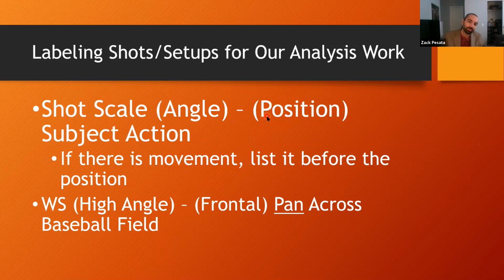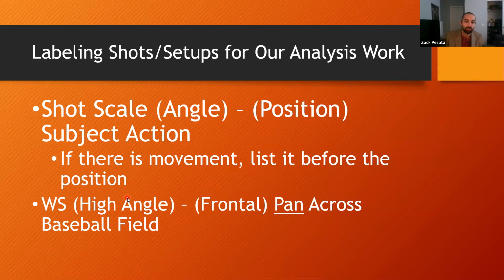If there is movement, list it before position. I'm surprised I haven't before. You could do it after position too. I feel like that would make sense. Even in my example, this is clearly a mistake on my end. In my example, I have the movement after. So again, do shot scale, angle in parentheses, dash, position in parentheses. If there's a movement, list the movement, which we'll talk about in a bit, and then subject action. Here's my example. I have a wide shot.